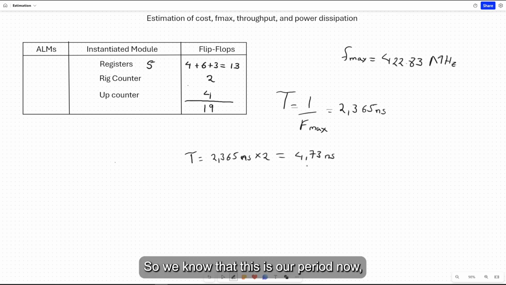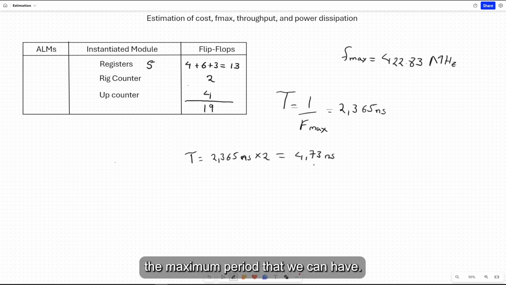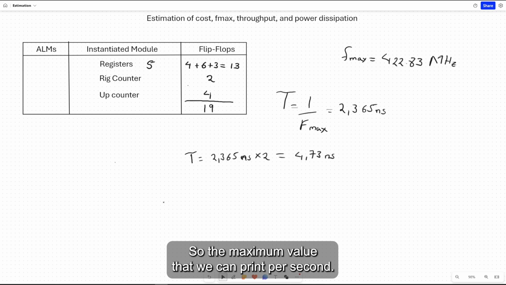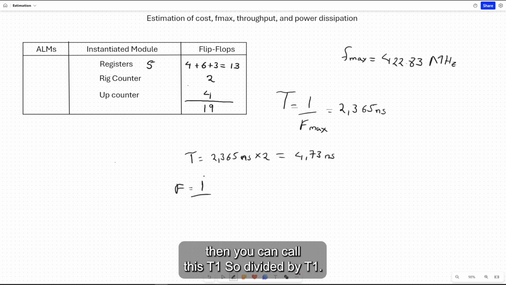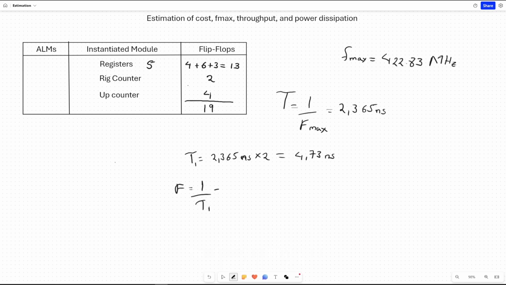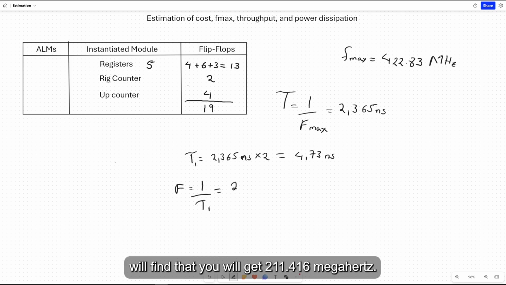So we know that this is our period now, the maximum period that we can have. So the maximum value that we can print per second, so the frequency is 1 divided by, you can call this T1, so 1 divided by T1. When we compute this one, you will find that you will get 211.416 megahertz.